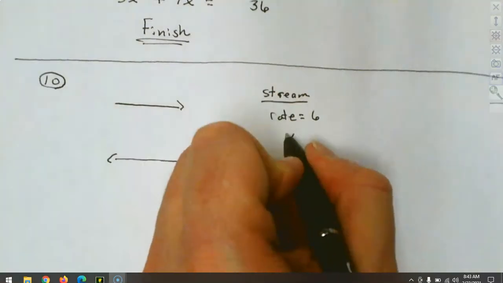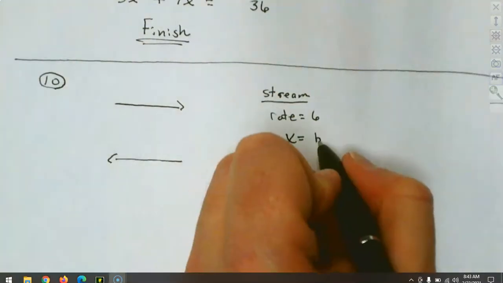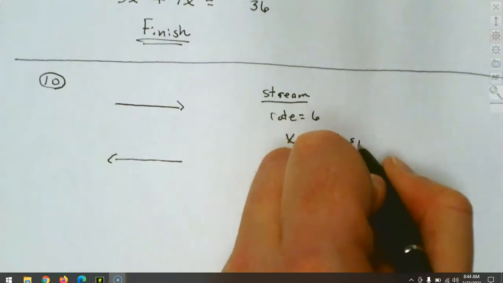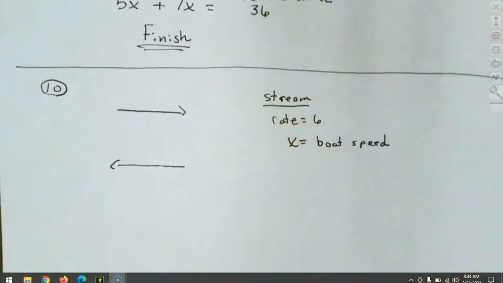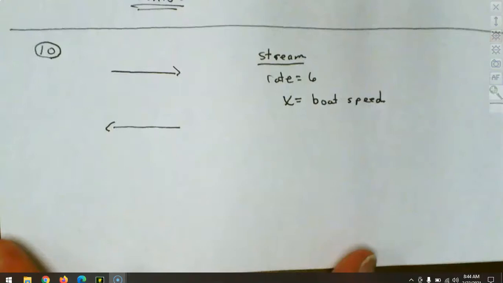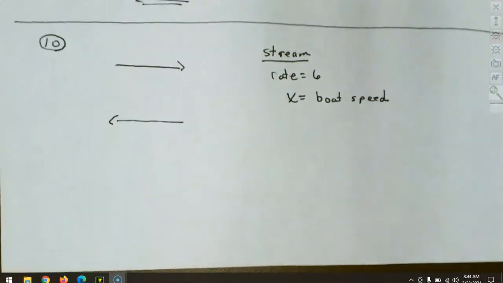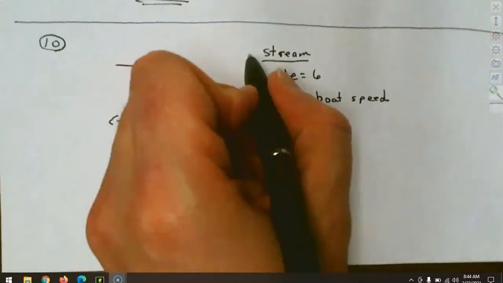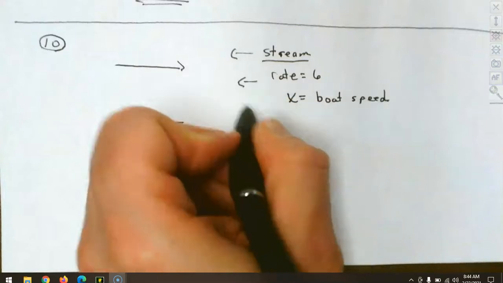We don't know x, so we're going to call the x the boat speed. So that's going to be the fastest this boat can travel. Now, again, it might go a little bit faster if it's going with the stream, or a little bit slower if it's going against. So I'll go ahead and draw the stream arrows here.